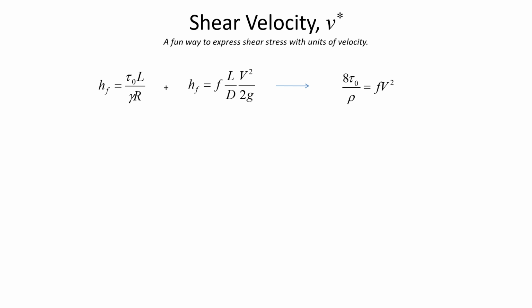All right. So last time we didn't get to shear velocity. So let me tell you what that is. It's just kind of playing games with the units and rearranging an equation to express shear stress in a different way.